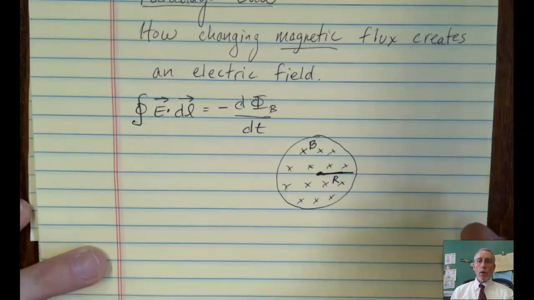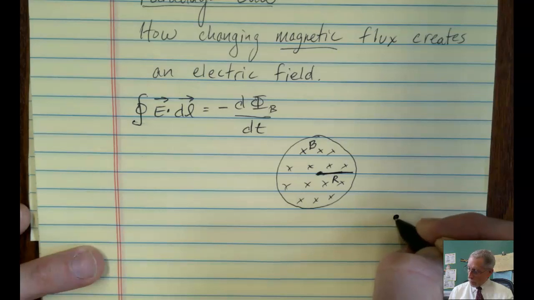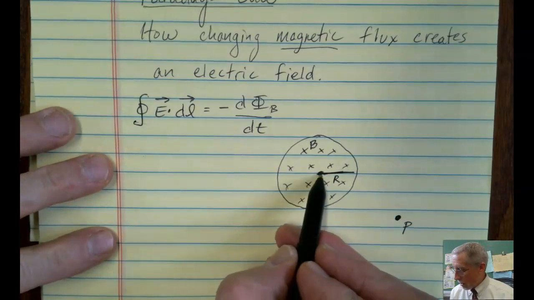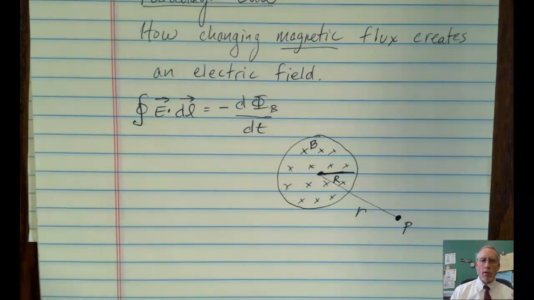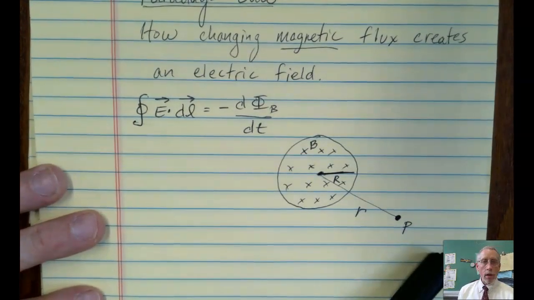In this example, I'm just going to choose a point out here. We usually name our points P, and that's where we want to describe how big and what direction the electric field will be. Let's say this is some distance we'll call little r, and we'd like to think of little r as a variable so that I could move point P closer or farther.